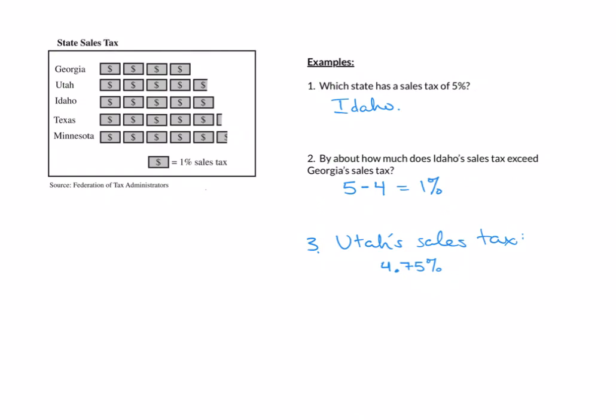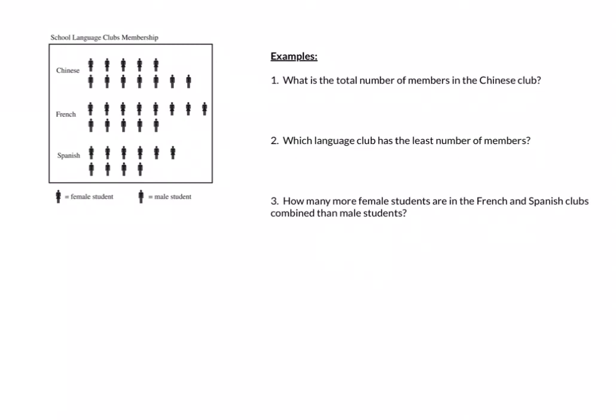Okay, let's try one more. We have school language clubs membership. And this is kind of a double pictograph. Note here that we have female students and male students. If we look at this, we want to know what is the total number of members in the Chinese club.